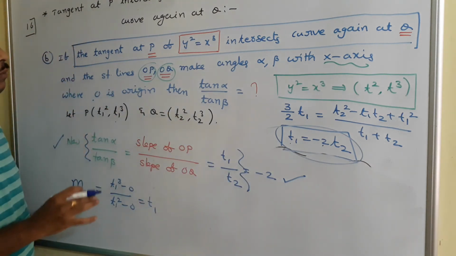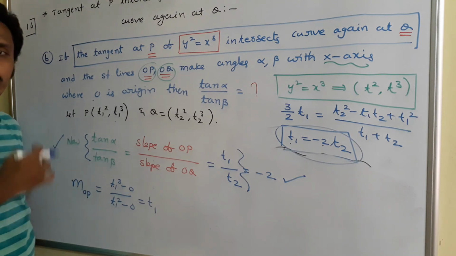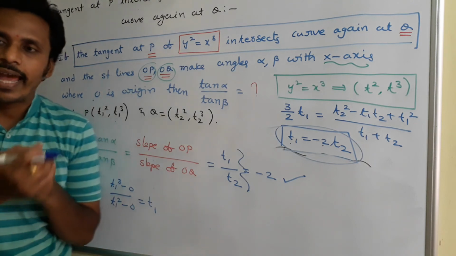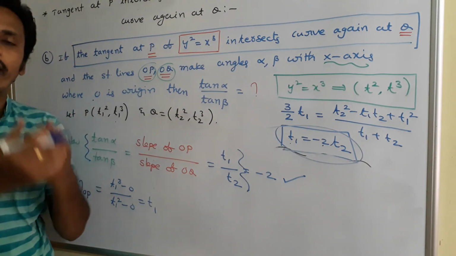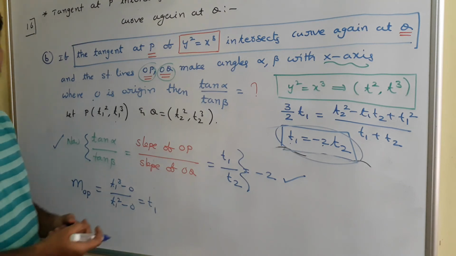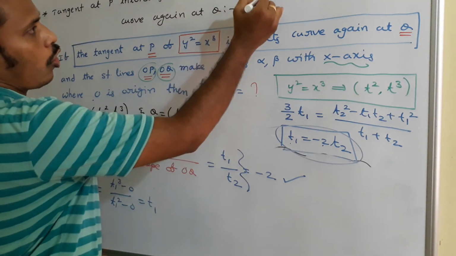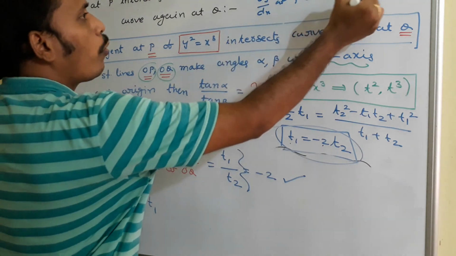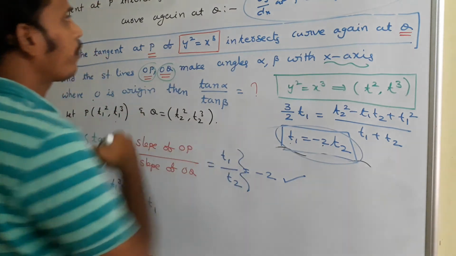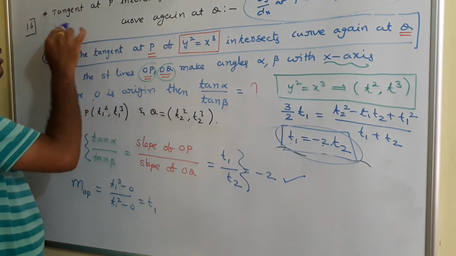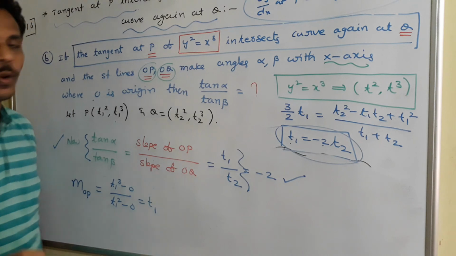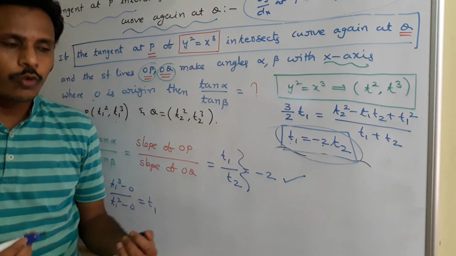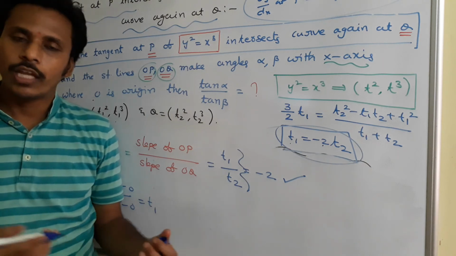So this is a problem related to a tangent at a point intersecting the curve again at Q. If a question mentions that the tangent at a point of the curve intersects the curve again at Q, you need to use that particular logic: dy by dx at P is equal to the slope of PQ. This is the idea we need to use if the question mentions that the tangent at P intersects the curve again at Q. Using that I did a problem, and you will face different problems related to this in your practice sheets.